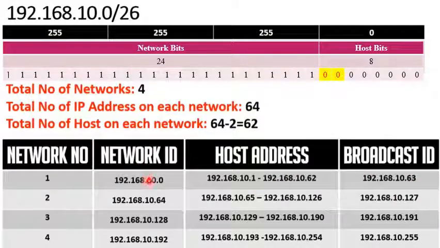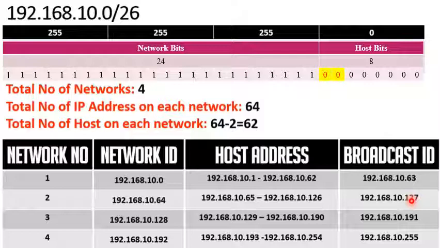The first address is assigned for the network ID and the last address for the broadcast ID. In between you get 62 usable host addresses. Then next you add 64 to the previous network ID and you get 192.168.10.64, ending with 127. If you add 64 to 63, you get 127. So that is the concept of each network.